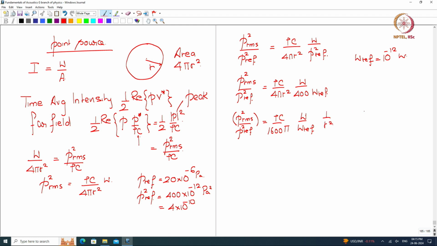Now for air, rho is 1.21 kg per meter cube, and c we will take as about 340 meters per second, then rho c is about 415 SI units, and rho c by 1600 pi is a small number, 0.0826.